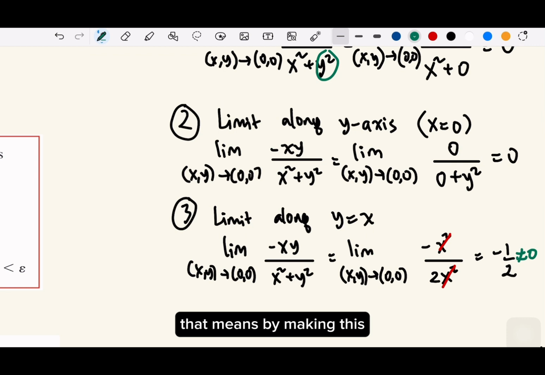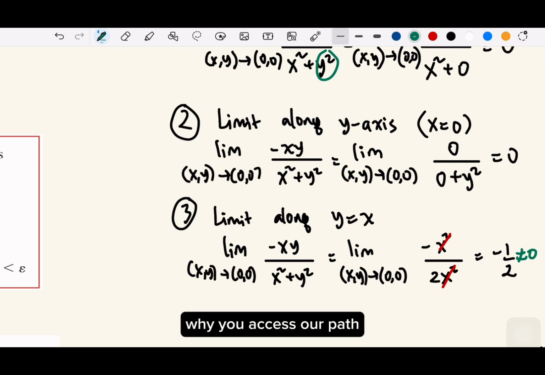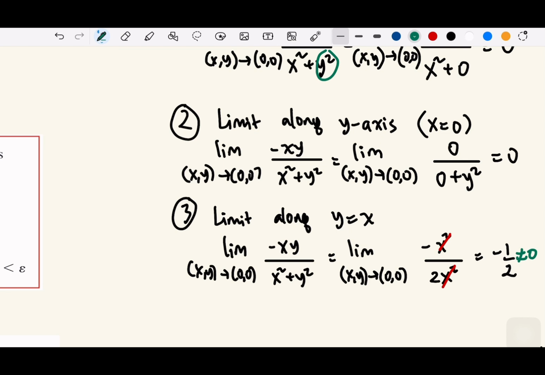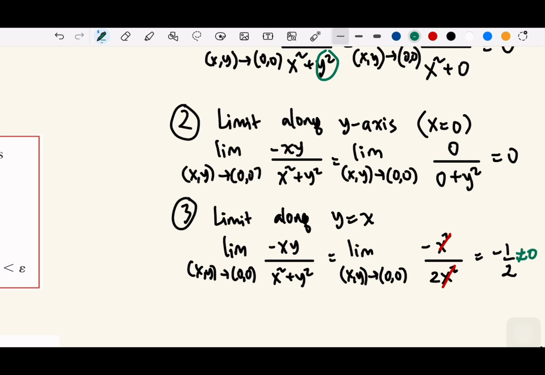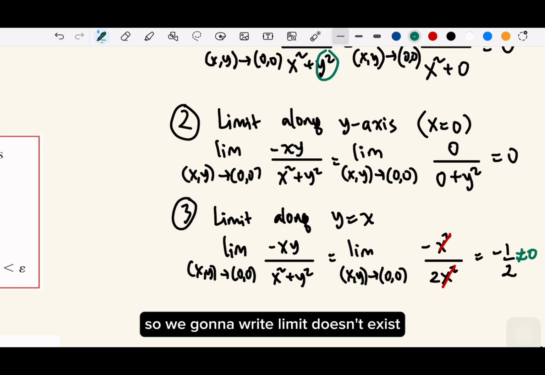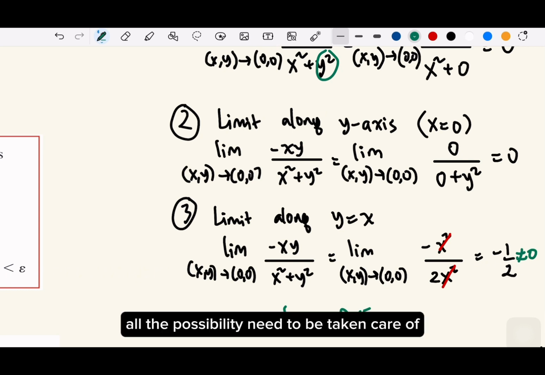That means by taking this y equals x as our path to get close to the point, we prove that it is not equal, which means that the limit does not exist. So we can write the limit doesn't exist. So for it to exist, all the possibilities need to be taken care of.